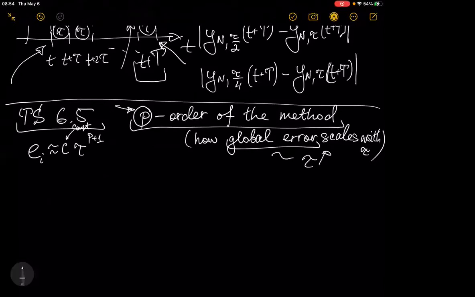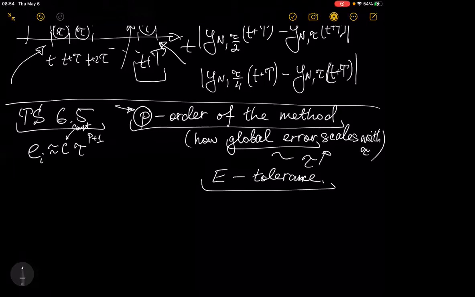Then, if E is the desired tolerance, what we are trying to do is the following: the relative error e_i on y_i has to be less in magnitude than my desired tolerance, right?